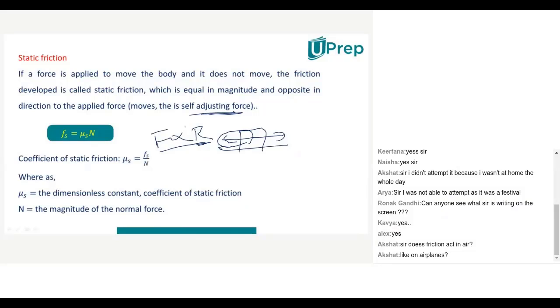Okay. So, normal reaction I mentioned with R here. But in this particular slide, it was given as N. N is also the normal reaction. What is normal reaction? Anybody tell me?